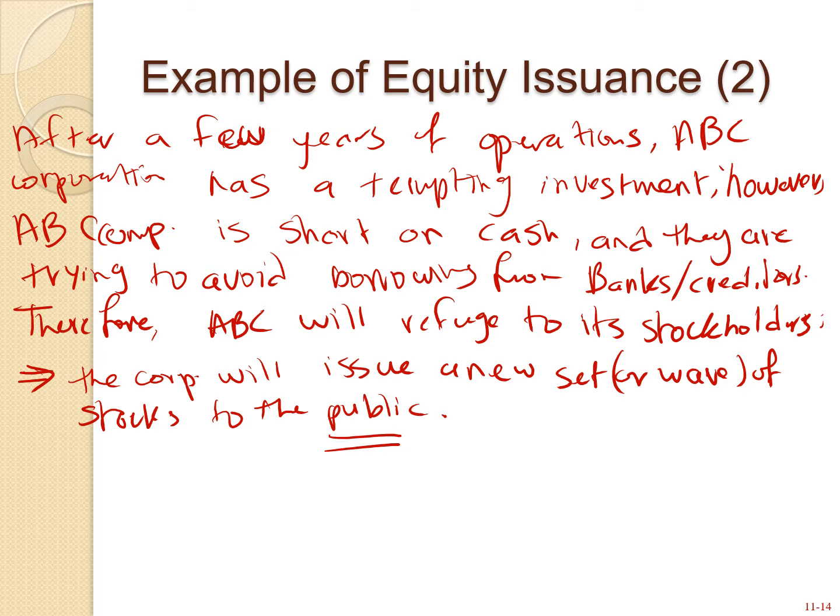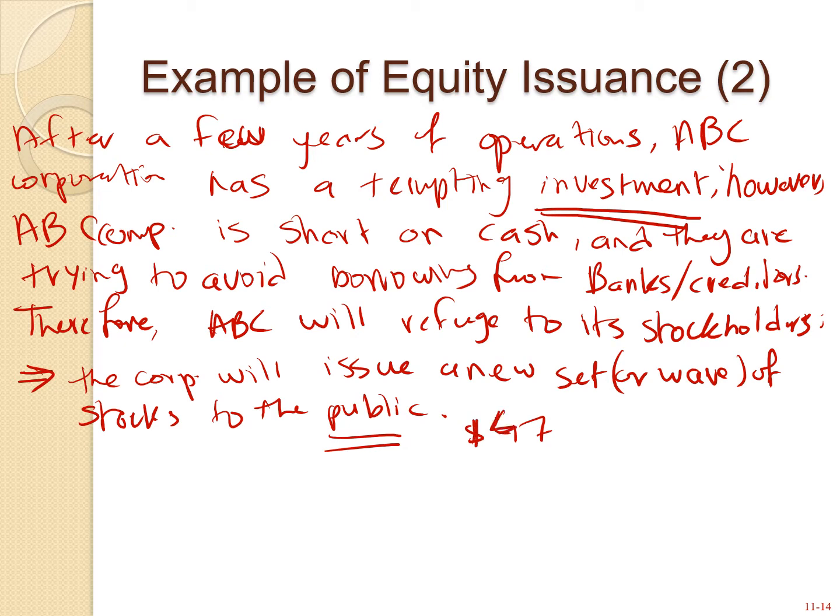What happens here is that the investors have some expectations about this company. So if the company is raising funds to invest in a new project and they have a good history of performance and they are not suffering financial distress, then the issuing price will be very close to the price that is trading in the stock market. So assume that in the stock market now, the ABC company has a stock trading at $47.